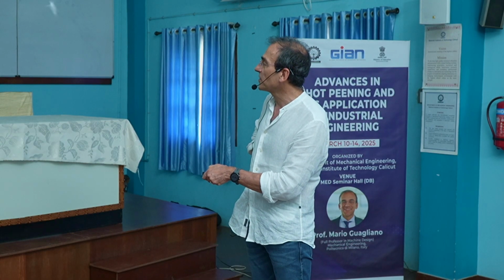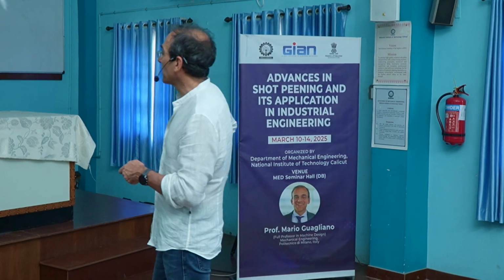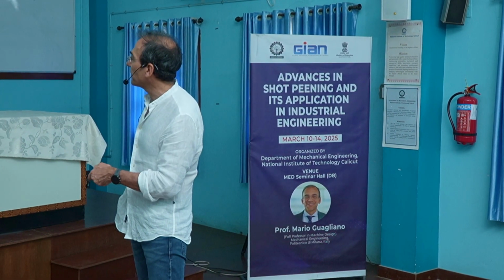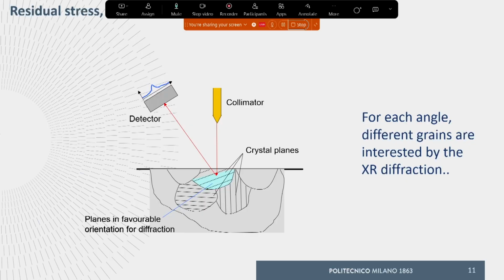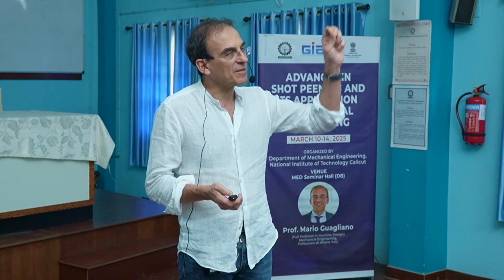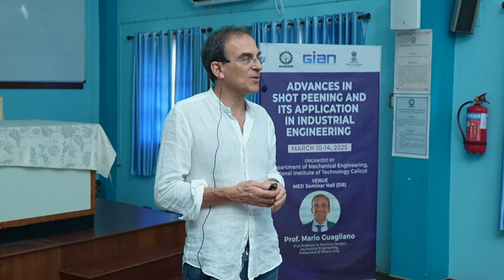So not only this one, but could be one here, in a limited depth of material, because the penetration is just some micron, let's say, of XR, it is not very much. But anyway, a part of this grain will be lighted by the diffraction, and so we will have this, and the detector will measure that angle. Okay?